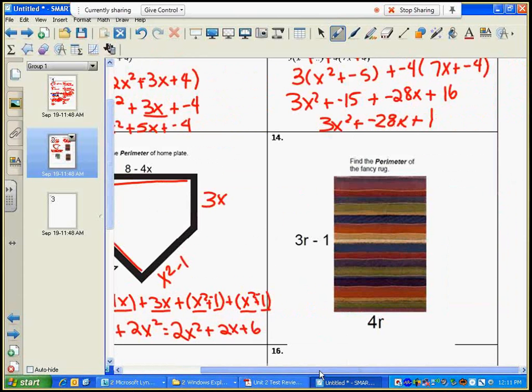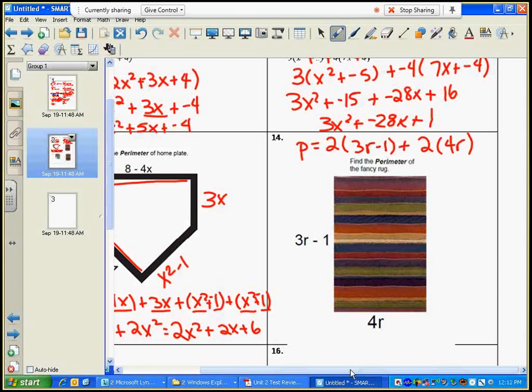Okay, find the perimeter of the rectangle. Perimeter means I'm adding up all sides. This time I'm going to do it a little more interestingly. My perimeter is going to be 2 times the length right here, which is 3r minus 1, plus 2 times my width. So I'm going to do my multiplication.